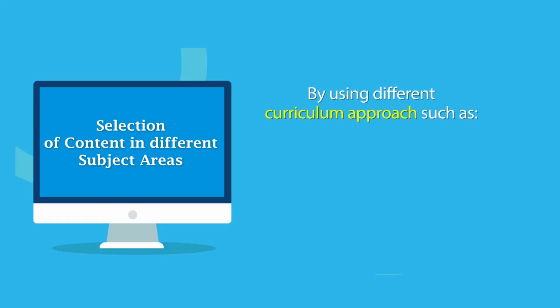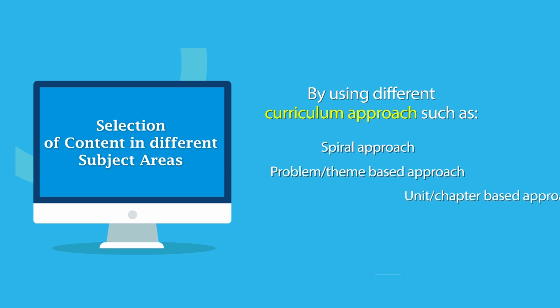And at the senior secondary stage, there is no need of repeating it again. In the curriculum, in the subject, selected themes and content should be included which are important so far as world history and Indian history are concerned. So we can develop our curriculum as per the spiral approach, or the problem based approach, or theme based approach, or the unit based approach, or chapter based approach.